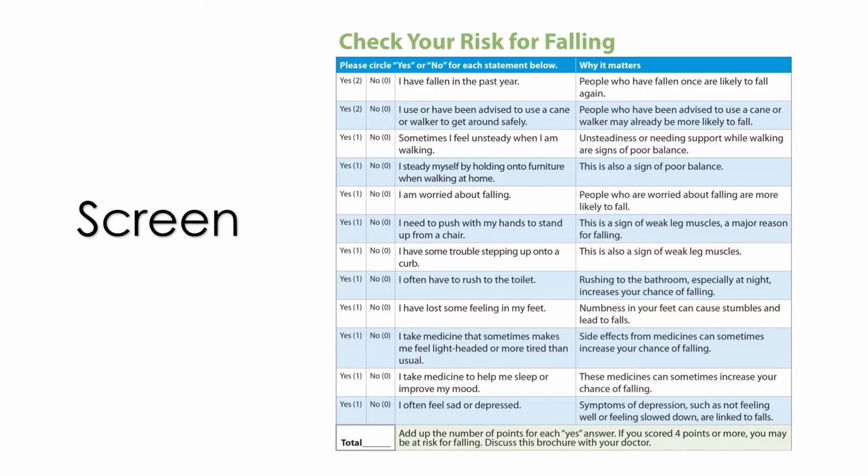This is an important statement because it could be a sign of weak leg muscles, which is a major reason for falling. Next statement, if a client says I have some trouble stepping onto a curb, this could also be a sign of weak leg muscles, which is, again, a major reason for falling. The next statement, I often have to rush to the toilet. So if this is the case for our clients, rushing to the bathroom, especially at night, increases your chance of falling.